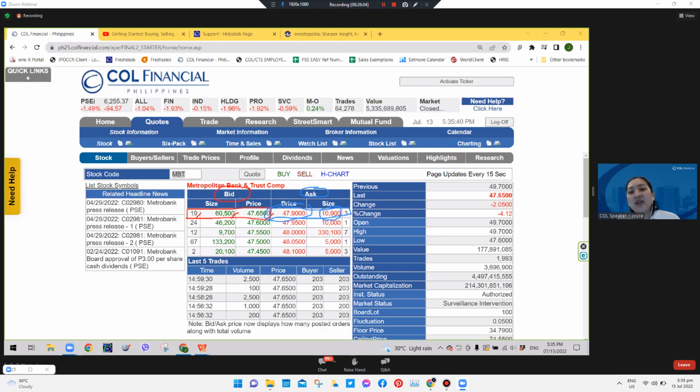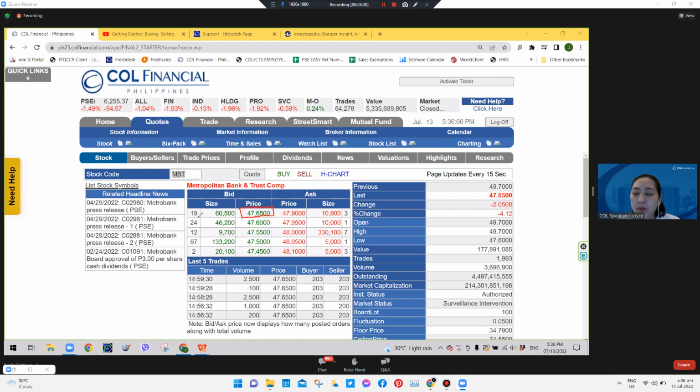Ngayon, as you do know that, let's say you want to haggle. Let's say you want a discounted price. You think 47.90 is too steep a price and you want to wait for a better price. Okay. You can actually post a price of buying at 47 and 65 cents, but you have to wait in line after these 19 investors.